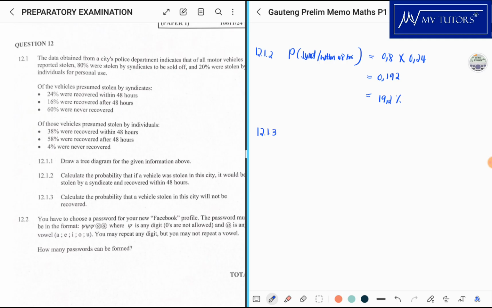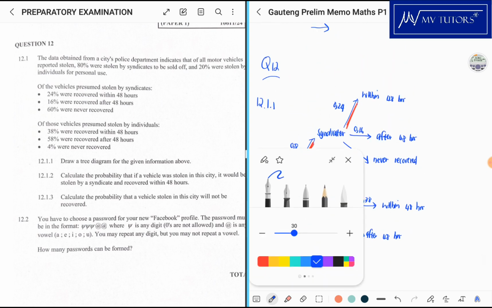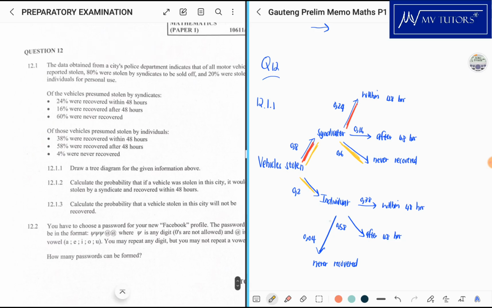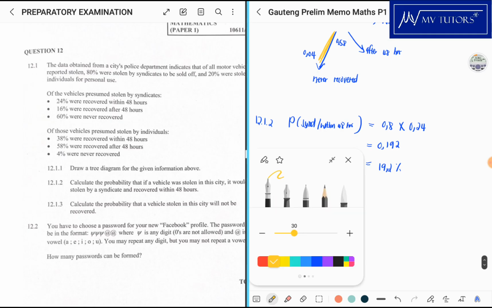It says calculate the probability that a vehicle stolen in the city will not be recovered. So basically, never recovered. So if it's a syndicate, then it will never be recovered. But if it's an individual, that's what we have over there. Okay, so let's get back.